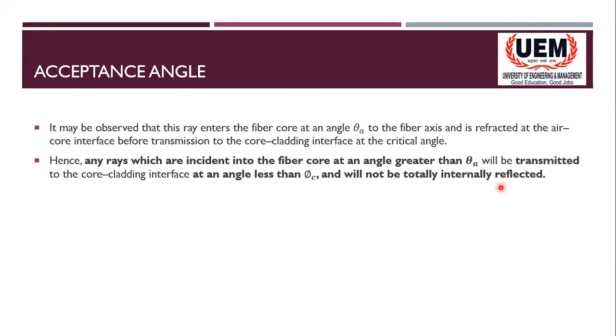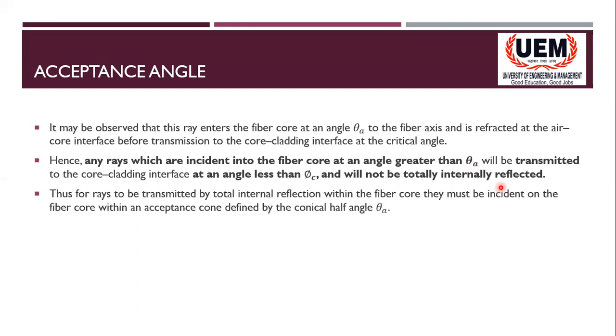This is the most important property that we should maintain, and it is the property we see from the wave transmission model. Thus, to achieve this transmission, the light should be pumped into the fiber core at an angle less than or equal to the acceptance angle.